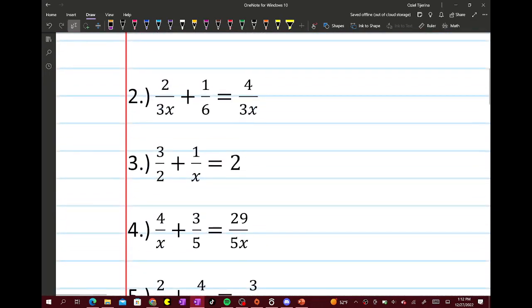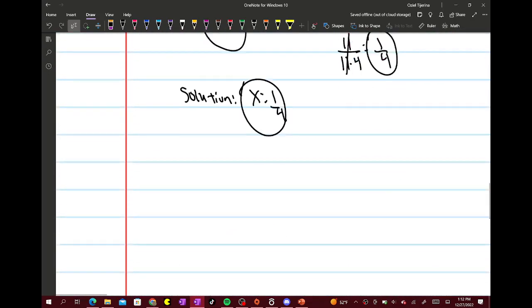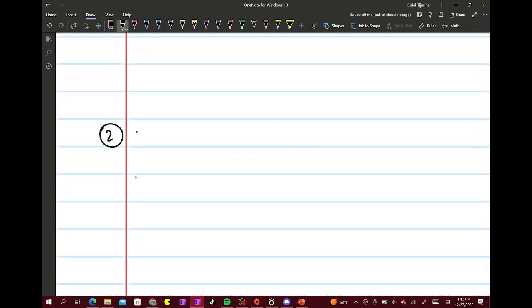So number 2 says 2 over 3x plus 1 over 6 equals 4 over 3x. This one is pretty simple. If you notice, these two have the same denominator, so you don't have to do anything with the left side.